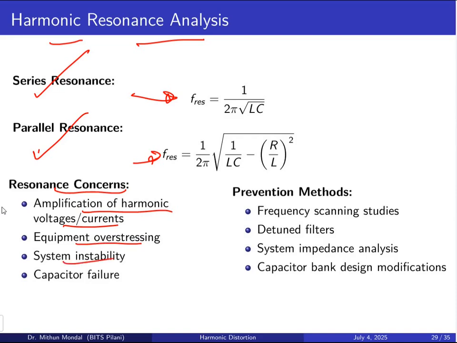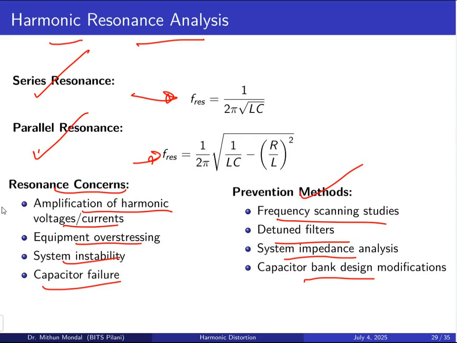Equipment will be overstressed, system instability will take place, and there will be capacitor failure. So the prevention methods that we use are to scan the frequency, detune the filter, do system impedance analysis, and modify the capacitor bank design. If we do this, some prevention methods we can take into account, and the resonance condition can be counteracted.